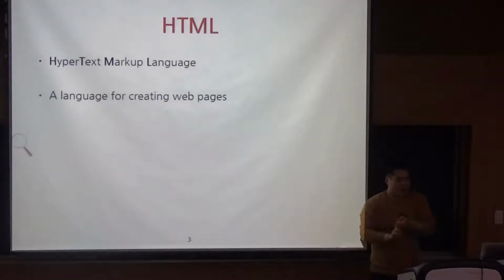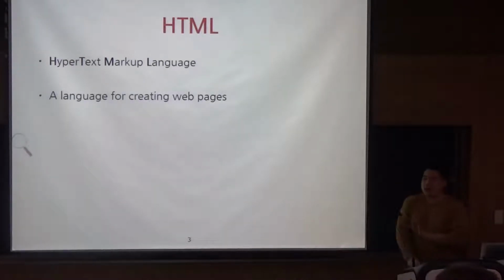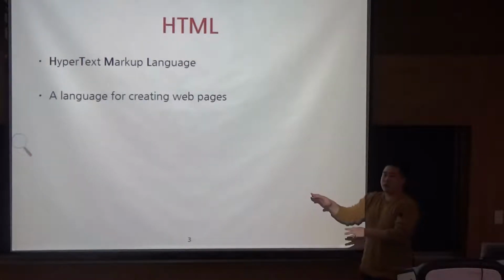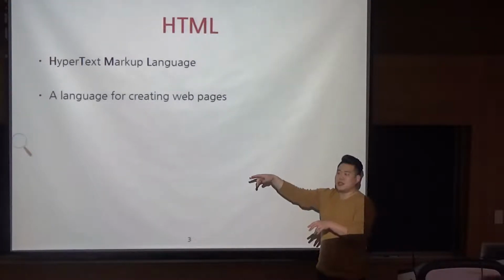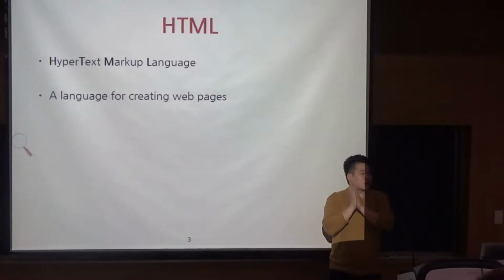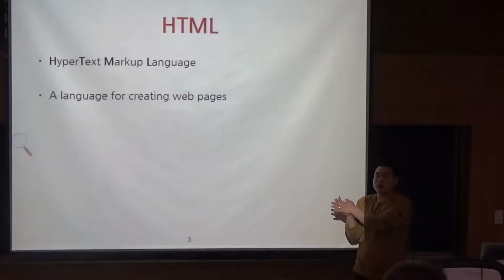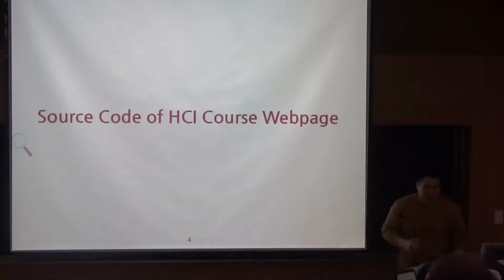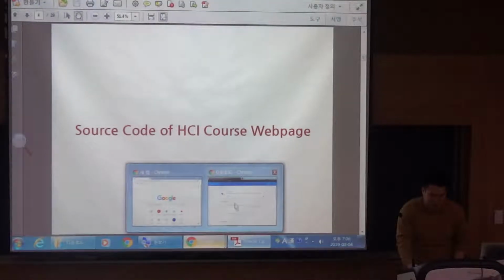And we'll learn about what HTML is. And as I told you before, all websites have to be built with HTML. That means our course website also has HTML source code, right? So let's see the source code of our course web page.